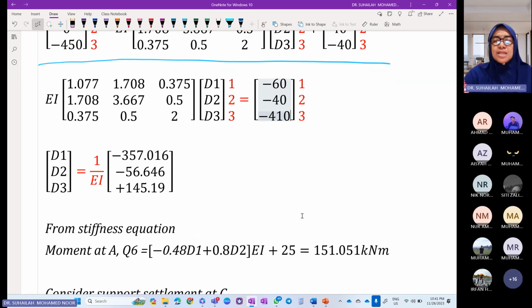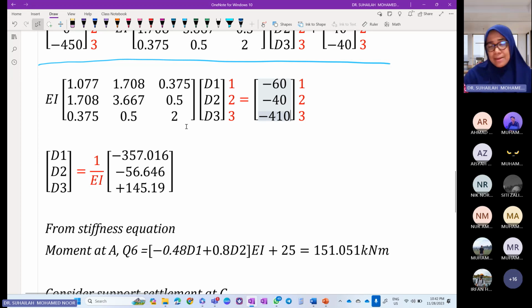Okay, so this is based on the calculator format. 3 unknown, what, X, Y, Z. Based on the calculator format, EI is not given, so give the answer in terms of EI. So the answer in terms of D is per EI, not times EI. Okay, so use calculator.